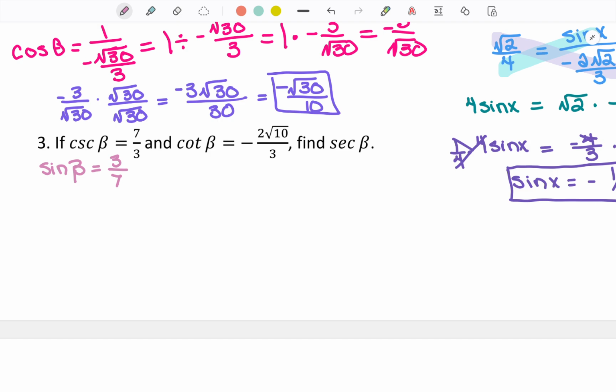We also know that cotangent is equal to cosine over sine. So this is what we can use to find secant. We'll just have to find cosine first, and then we will have to flip it over to get our secant.